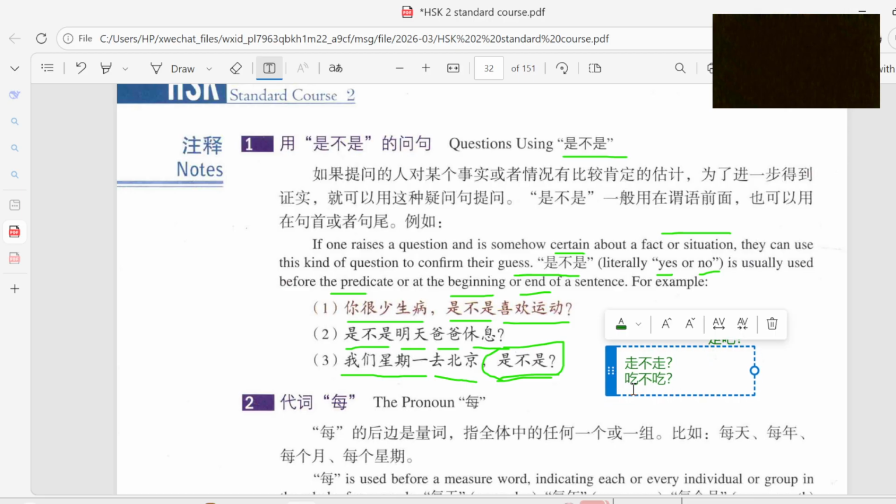You're creating short sentences, and you're giving that person a choice to make, either a negative or positive one, because you may not know if they want it or not. 吃不吃, 走不走, 好不好, 去不去, 是不是. There are a lot of verbs, and we've learned them in HSK1 and HSK2. So it's not necessarily just 是, you can use any other word.